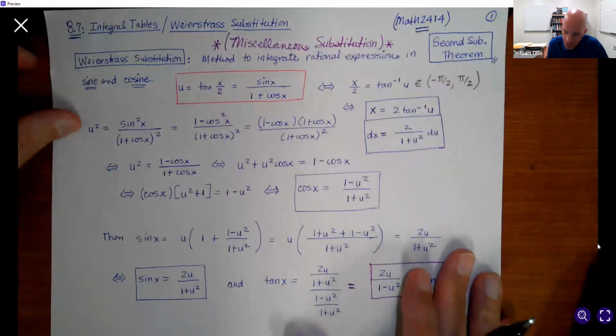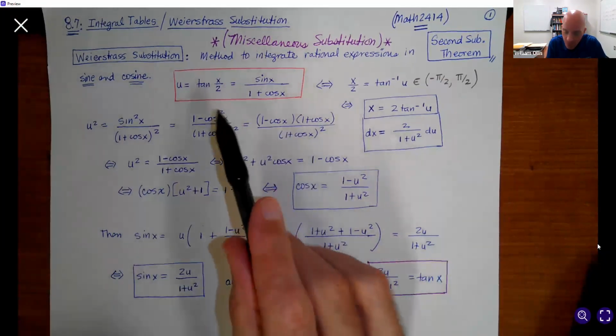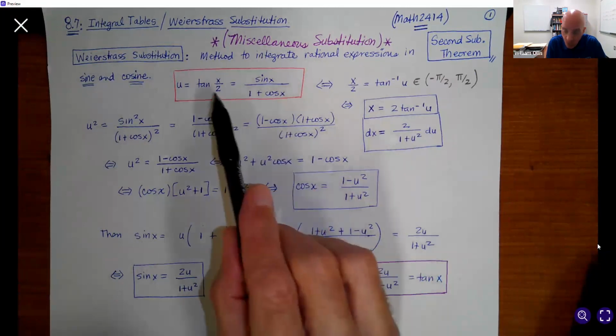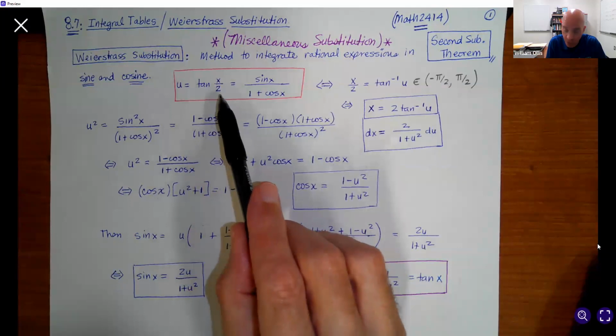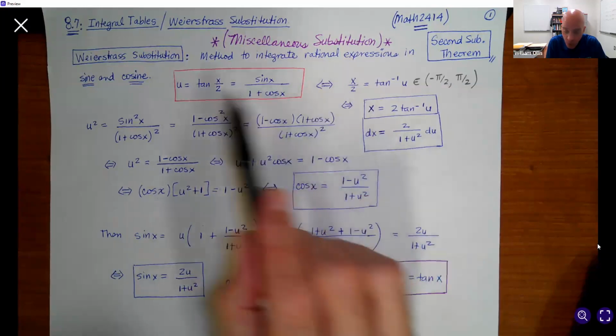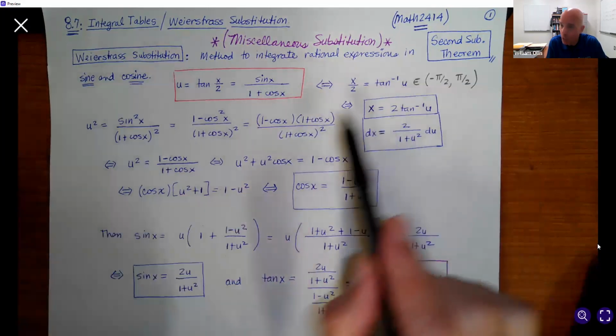So what we do in this particular case, let's just go ahead and look for the differential. That's the simplest thing to do first. We'll go ahead and apply the inverse tangent to the first part of the equation here. So x over 2 would just be the inverse tangent of u using the inverse equations.